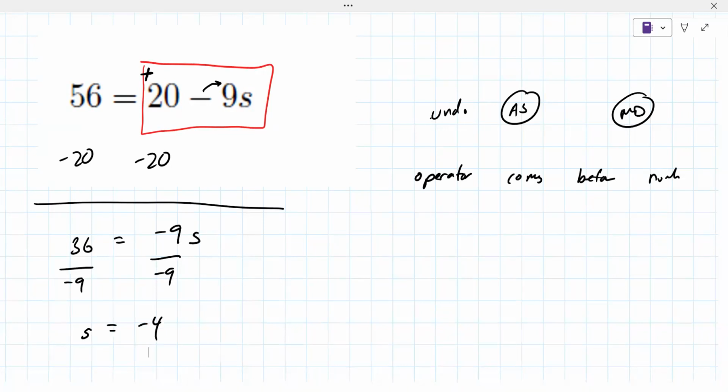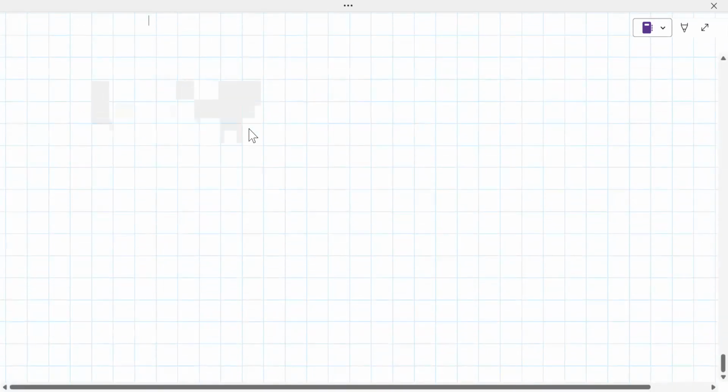Okay, so let me see if I can find a couple more. I'm gonna have to handwrite a few of these for this one, but let's have you try this one here. 85 equals 25 minus 4y.